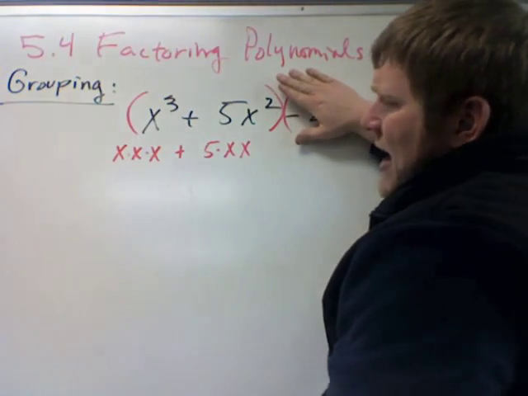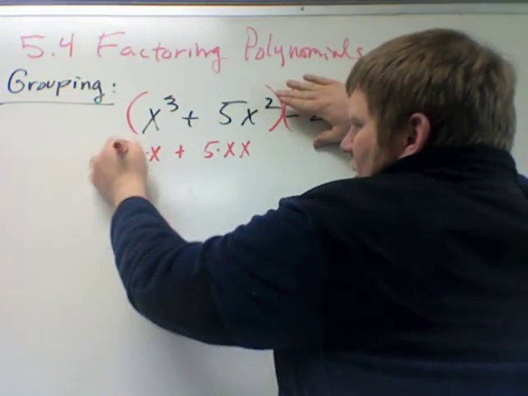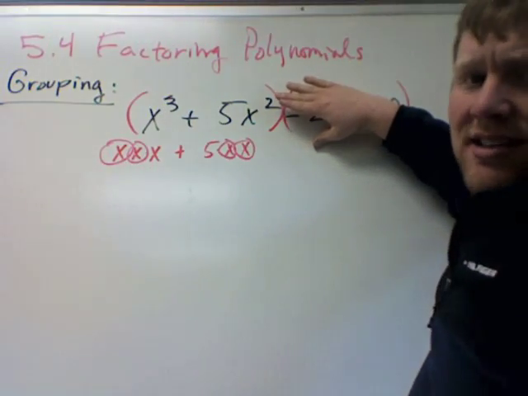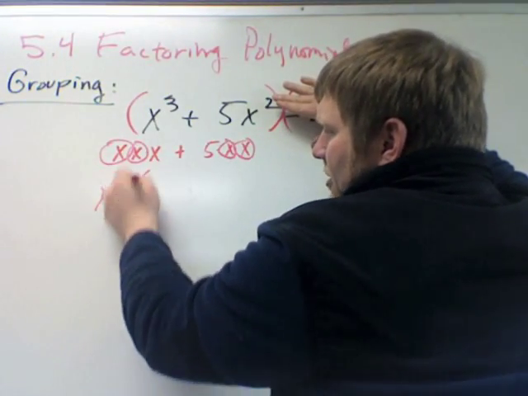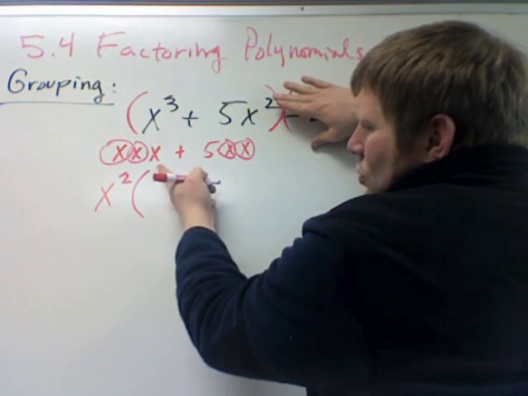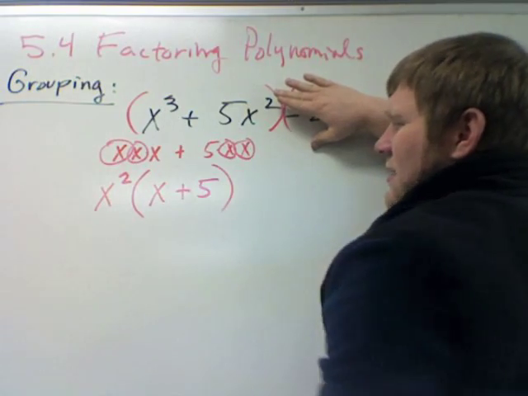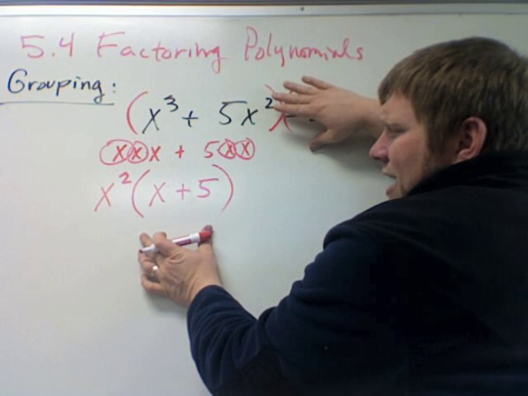Ignore this for now over here and just worry about these 2 terms. In this situation, I can circle x's, which gives me an x squared on the outside. Then what's not circled is on the inside. So that comes out to be x squared times the quantity x plus 5.